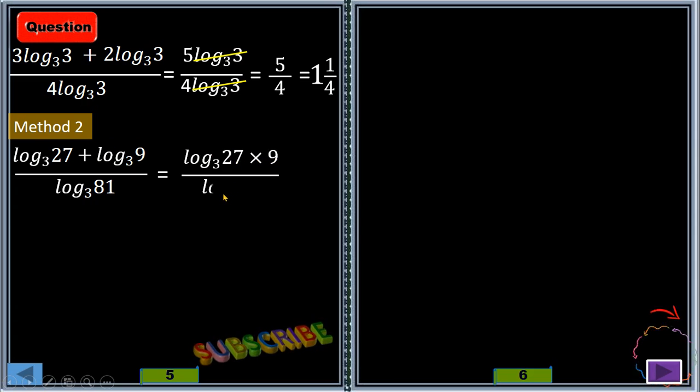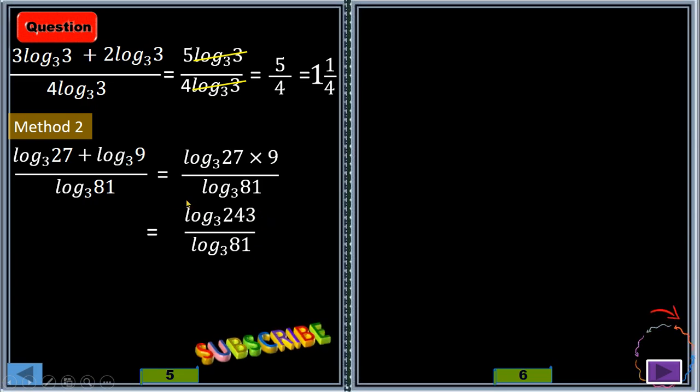Then the denominator still remains log 81 base 3. Now we can multiply this out. Doing that, 27 times 9 will give us log 243, then all over log 81 base 3.